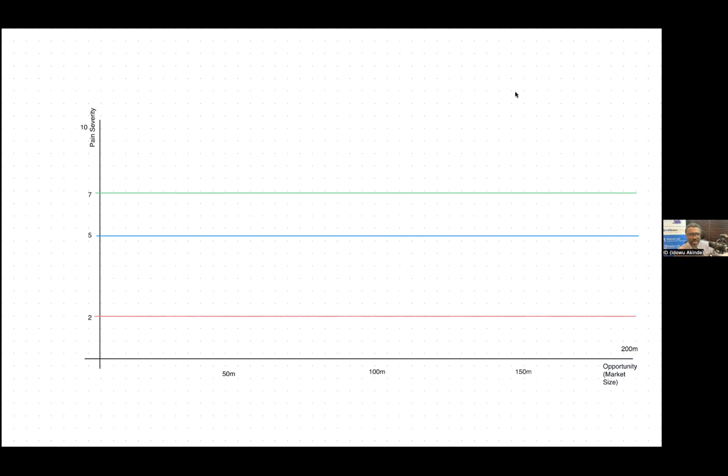What we've just done is that we can then plot and say, how many people can we find that are experiencing this problem at a level of 2? Say we can find 25 million people. We will then draw a line somewhere here.